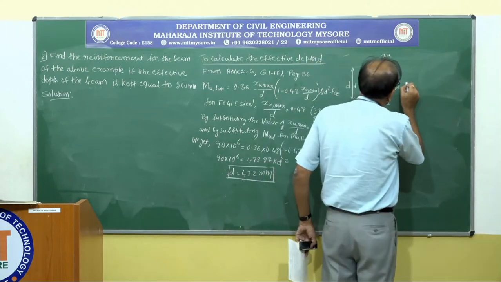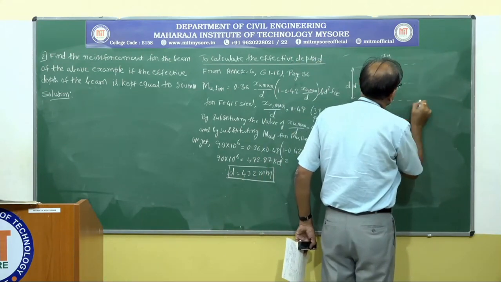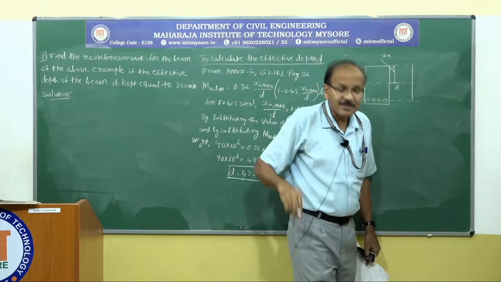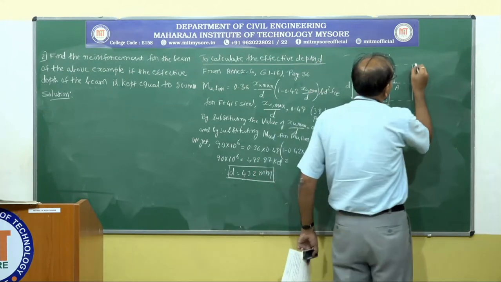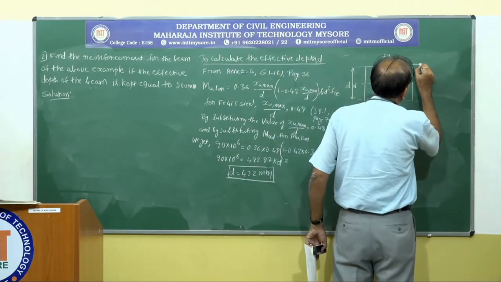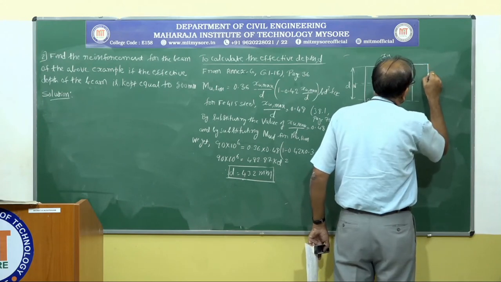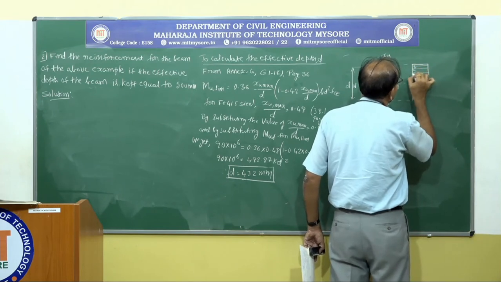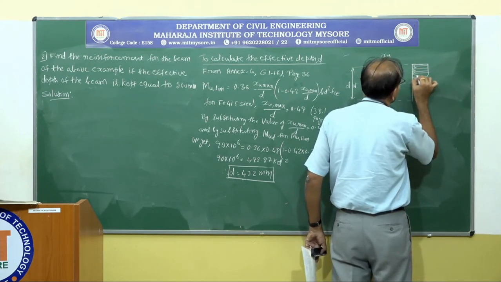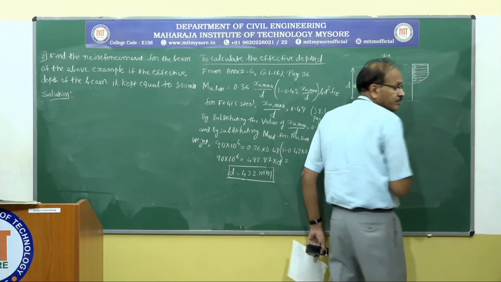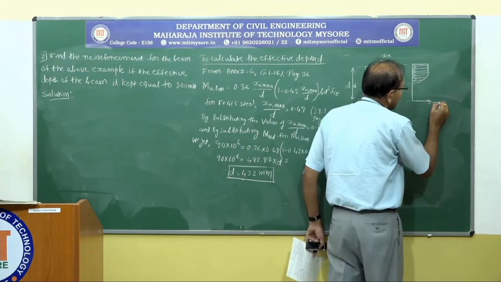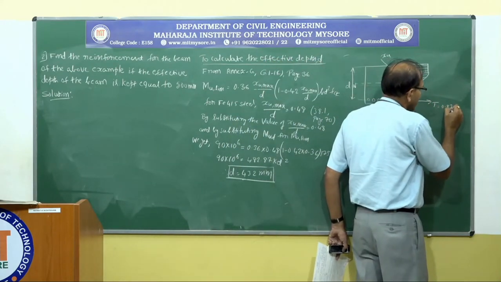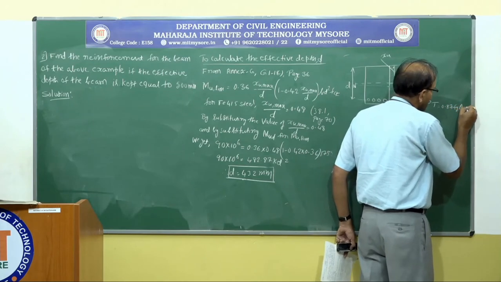So, if you draw the stress variation diagram in steel and concrete, when the limit state is reached, this is going to be the compressive force and this is going to be the tensile force. That is 0.87 fy Ast.